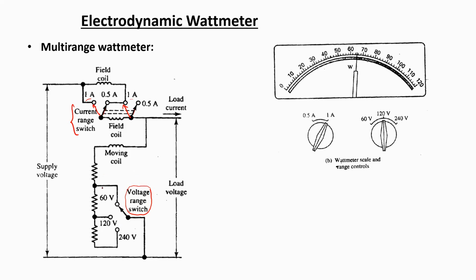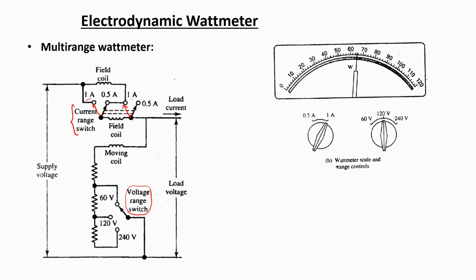This connection is similar to the multiplier resistors used in DC voltmeters. Different multiplier resistors change the amount of current carried by the moving coil, and accordingly the voltage range can be changed.